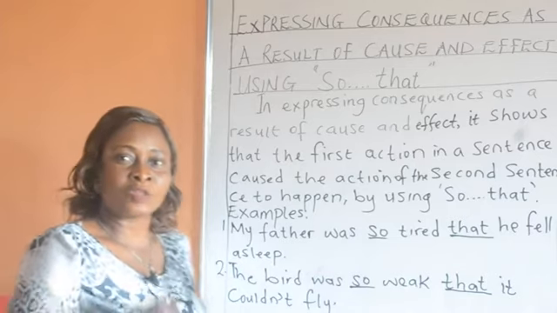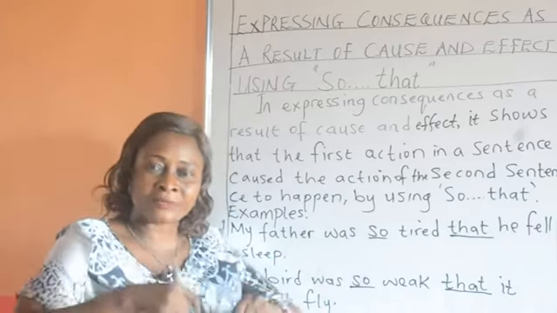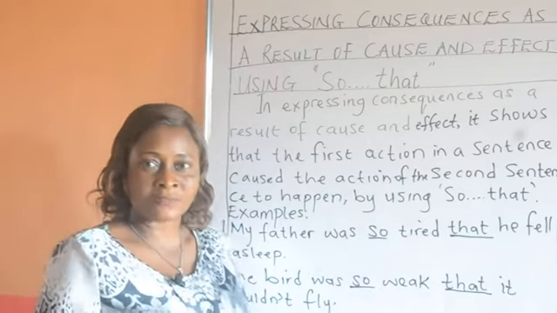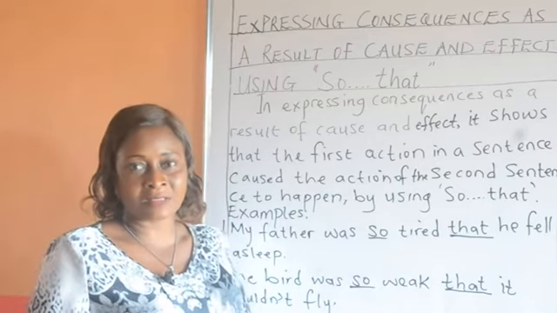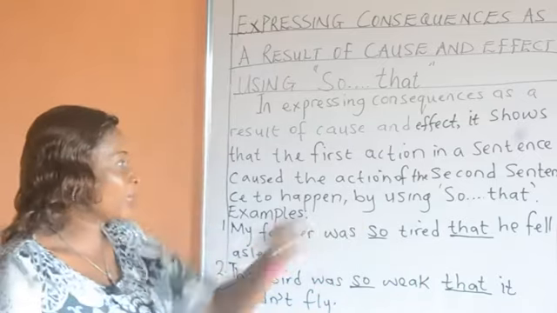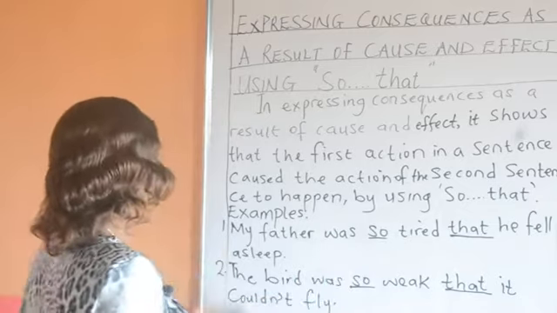That means to say the first action in the first sentence is what caused the second action of the second sentence. One is leading to the other, making use of the word so that.